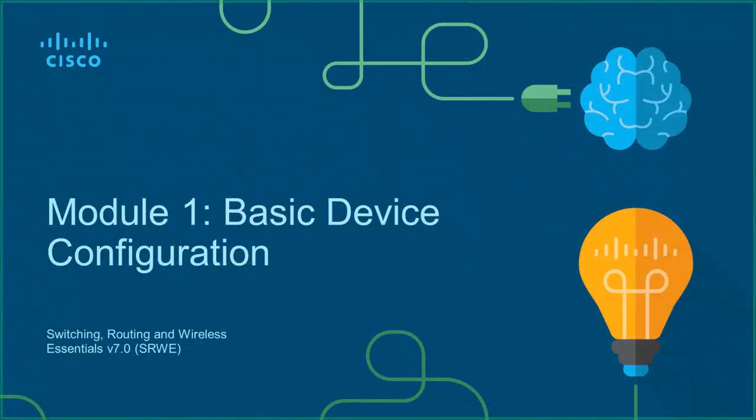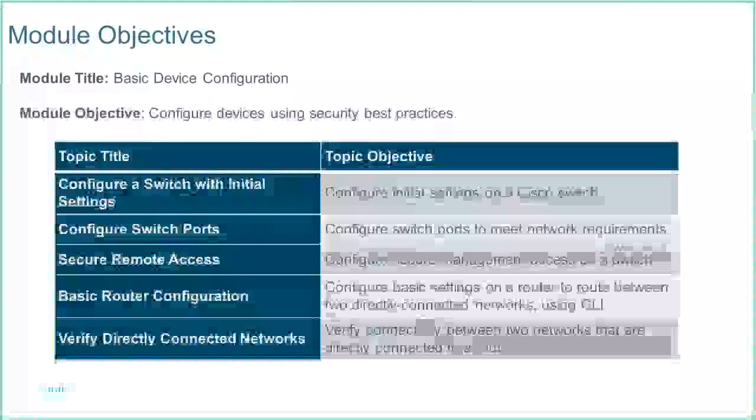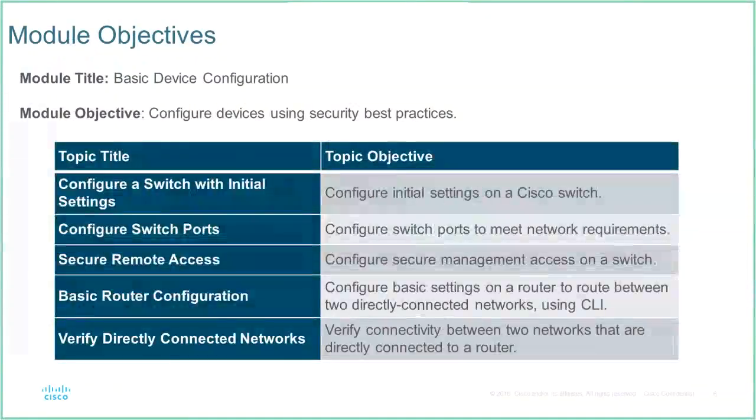All right, so let's delve into the review of basic device configuration. Hopefully it will be review. So we'll be looking at the basic Cisco switch configuration. We'll have a look at the ports and basic secure management, i.e. passwords and things like that, and then the basics of a router as well, and a bit of troubleshooting.